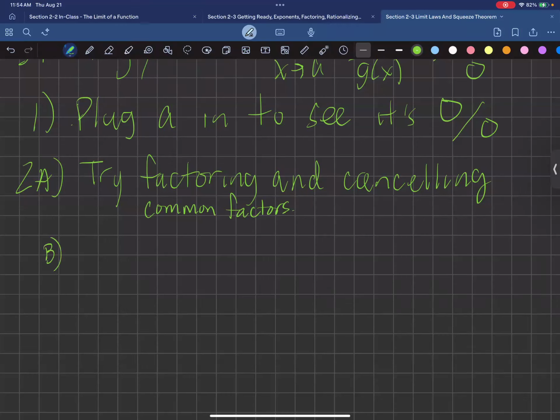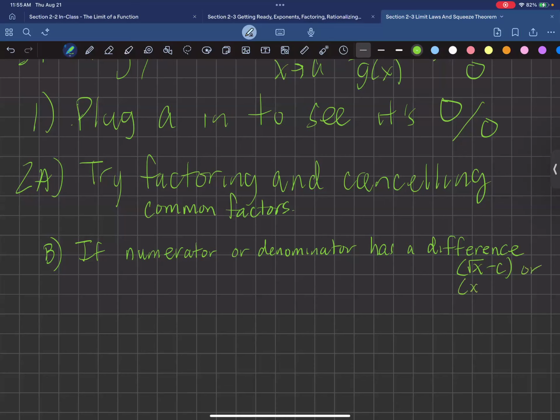Then B. If the numerator and denominator, or denominator, let's say, has a difference, kind of like x minus c or something like that, something weird, but it has a square root, or x minus square root.